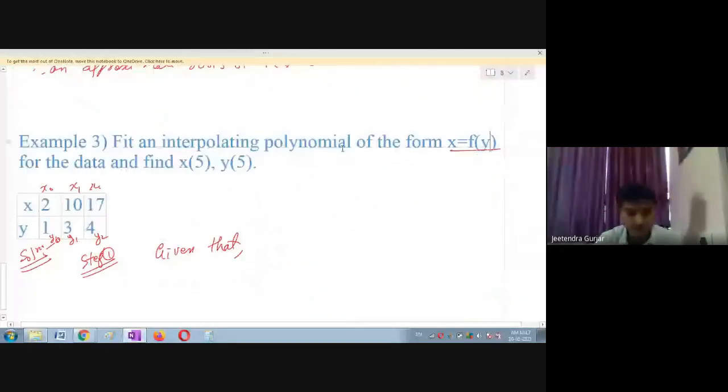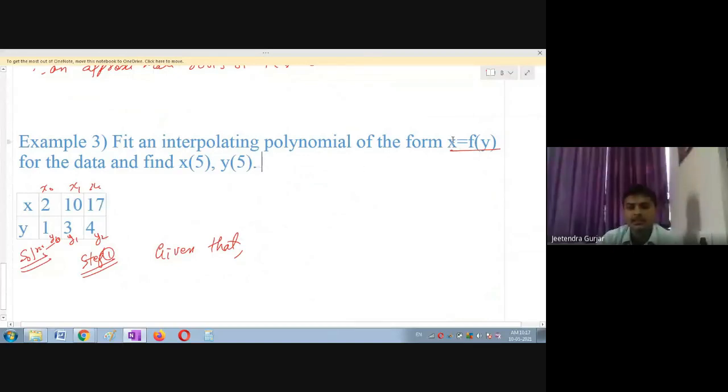So this is also the clue to which interpolation you are going to use. They have not mentioned any interpolation. They have not mentioned equal or unequal intervals. They will not give you any idea. Only by using this, it should strike in your mind, student. You can just see 2, 10, 17. This is not equal interval. You cannot use Newton's forward interpolation formula. You cannot use Newton backward interpolation. Then what can you use?